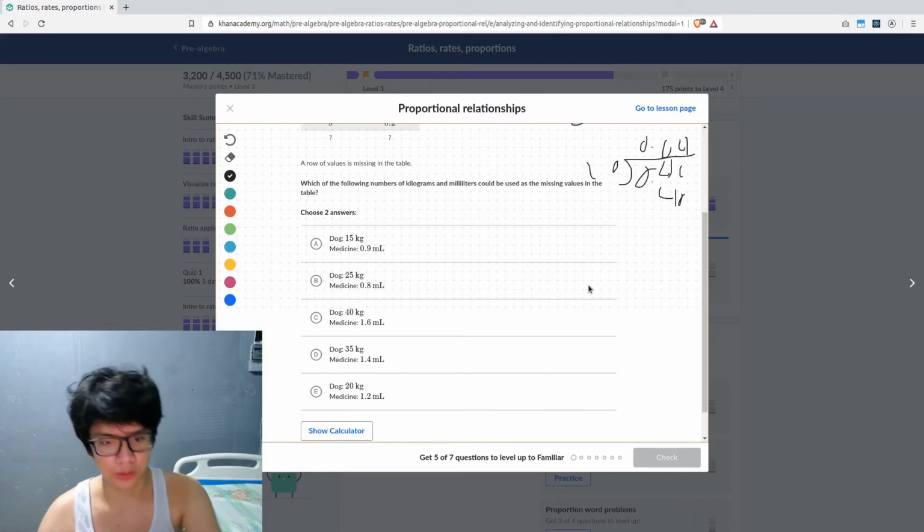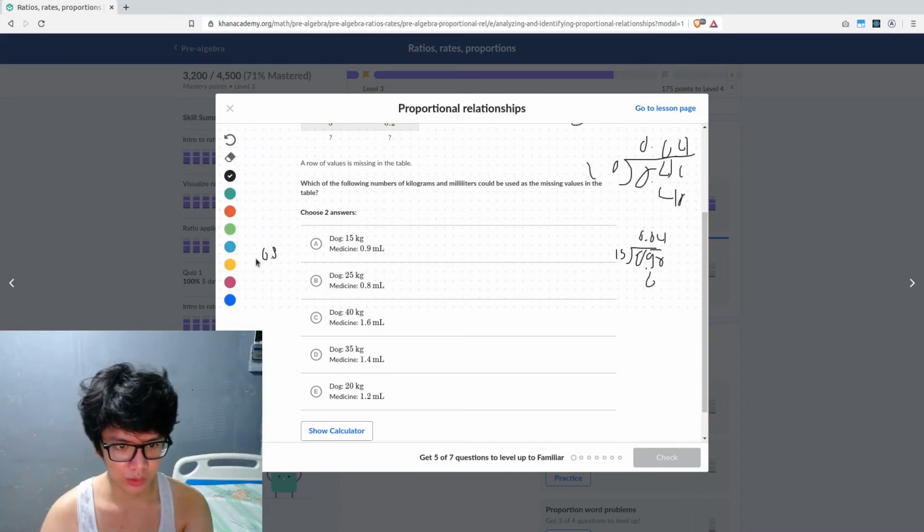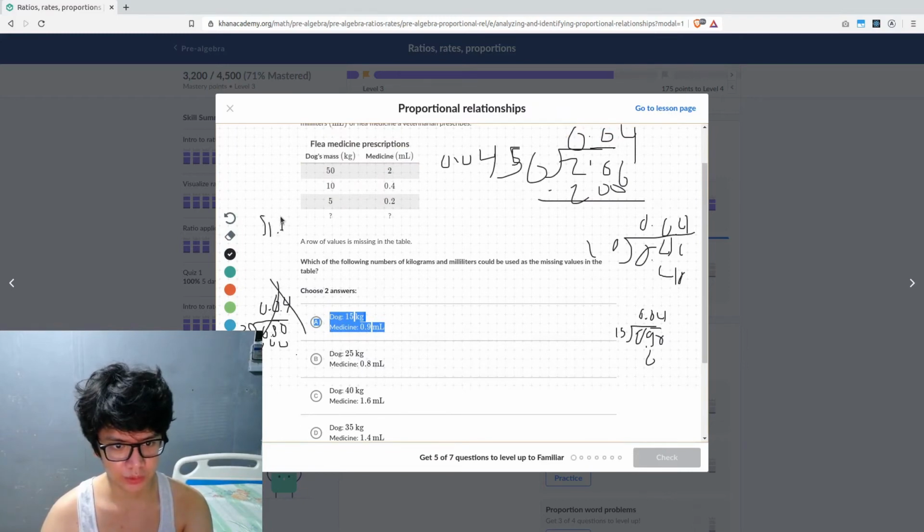Oh my god, you have to do each one of these. If this is 4, so 60, so no. First one is a no. Second one is 0.8, 25, 80, so no. 1.6, 40, 160, 84.